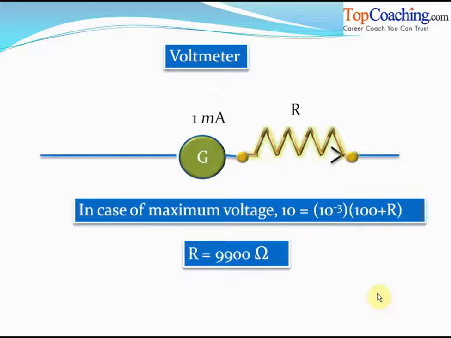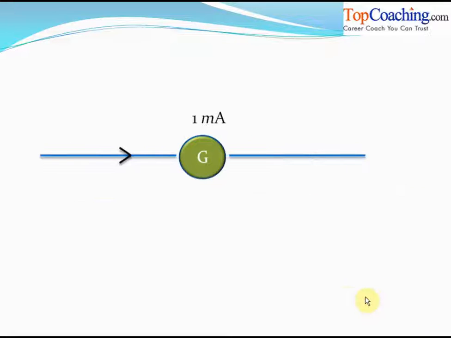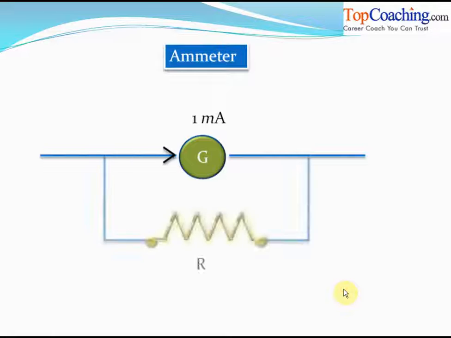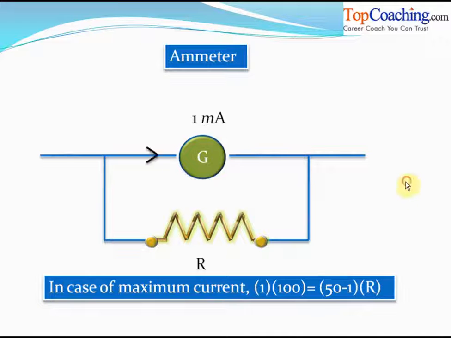That's all we did. Now how do we convert this galvanometer into an ammeter? Again simple. All we have to do is add a resistance in parallel with the galvanometer. Now what resistance must we add in parallel with the galvanometer? That is what the question asks us. Now we know that the maximum current that can pass through the galvanometer is 1 milliampere, isn't it?